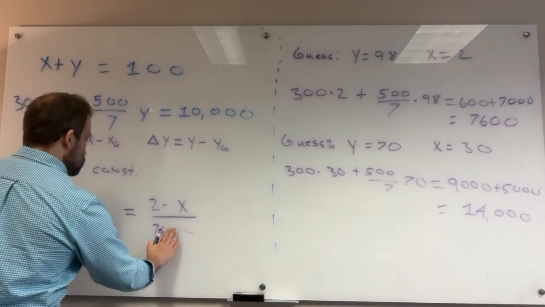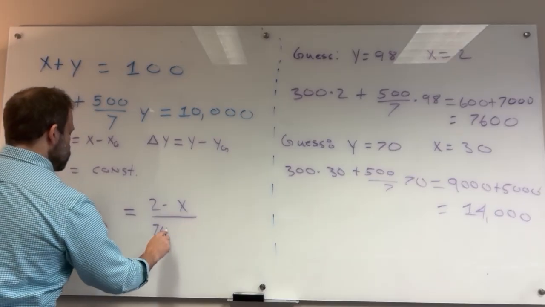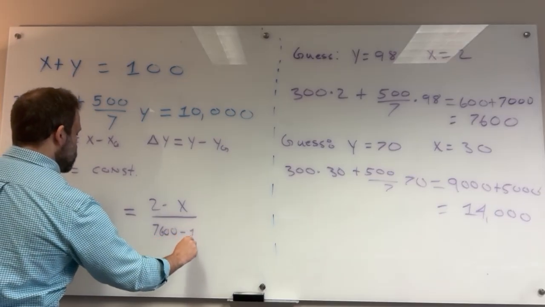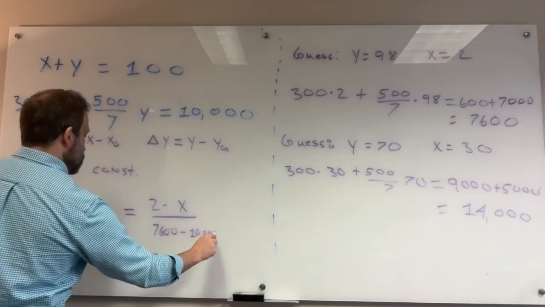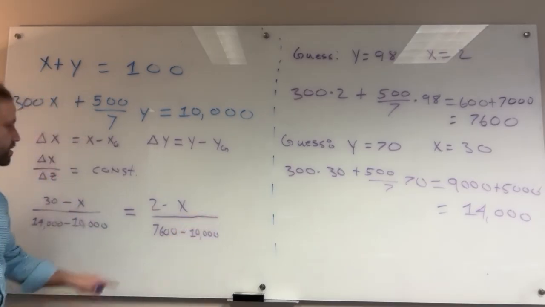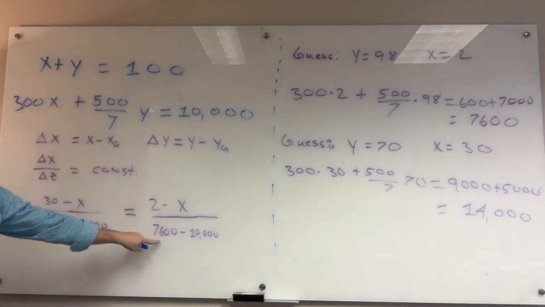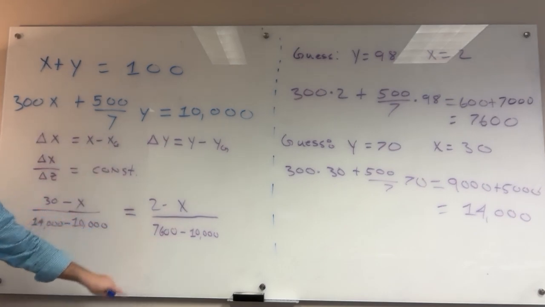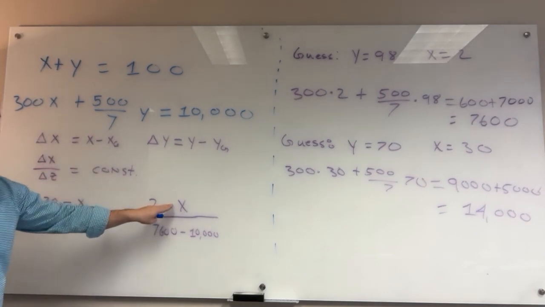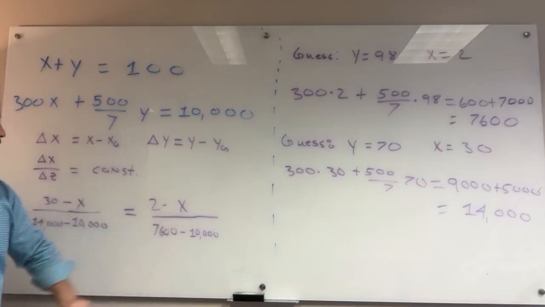Not 76,000, 7,600 minus 10,000. Again, when x is equal to 2, the right-hand side of this function is 7,600. And then when it's equal to x, the correct value, it's by definition equal to 10,000.